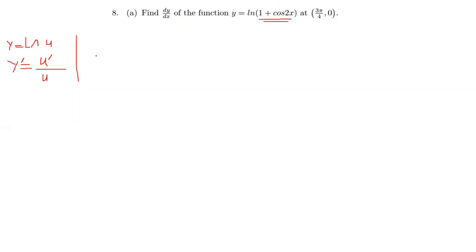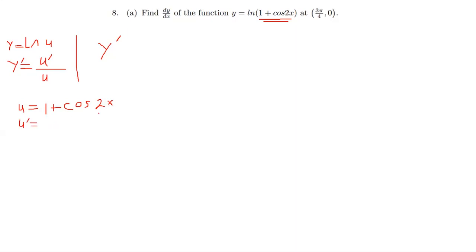Maybe before I do that, let me say my u according to this function is equal to 1 plus cos 2x. So u prime: when you differentiate a constant, a number, you get 0, so you can leave it.